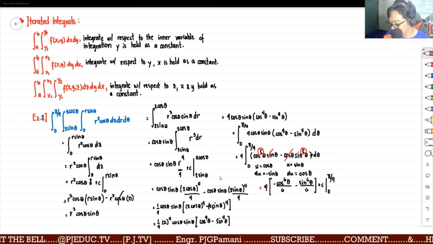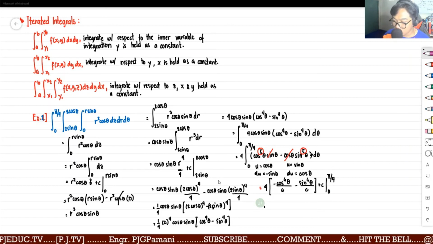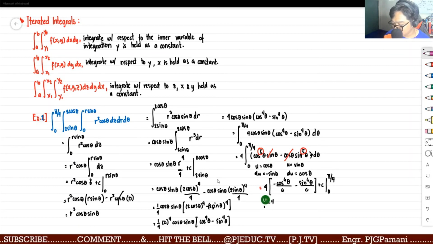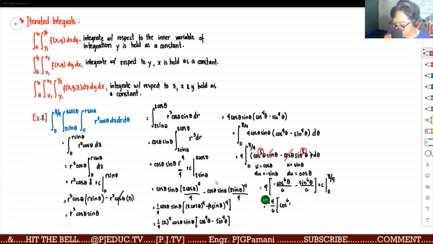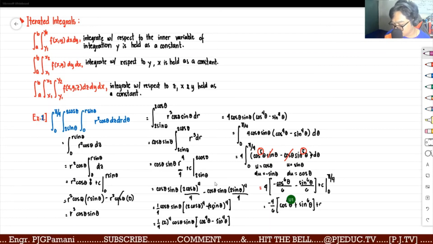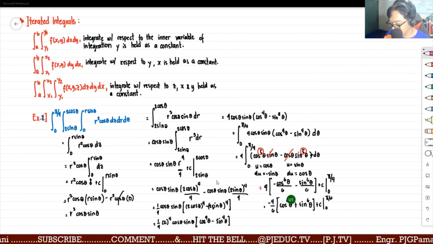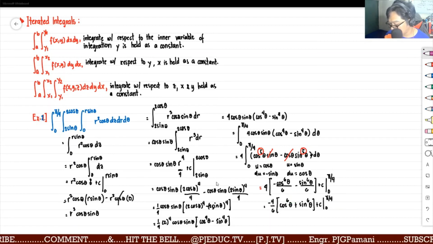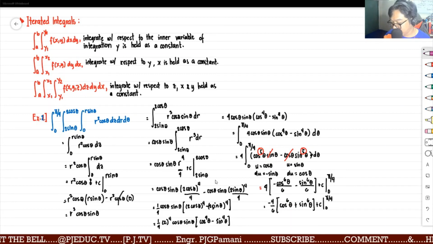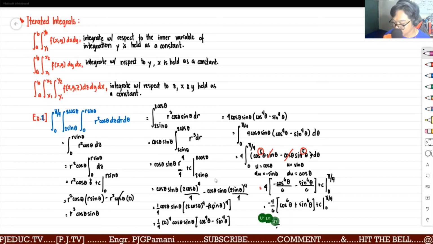Let me simplify our integrated form first. Take out 1/6, or negative 1/6 times 4 is negative 4 over 6 times positive cosine raised to the 6th theta plus sine raised to the 6th theta plus c of 0 to pi over 4. Simplify, that is negative 2/3.